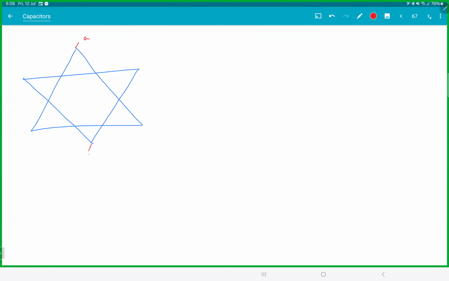So when you take between A and B, you can clearly see the left side, right? This point and this point have same potential. You can remove those two in the middle. And this branch here would be again 3C by 2. This is also 3C by 2. 3C by 2. 3C by 2.